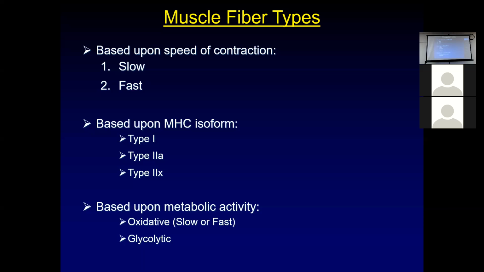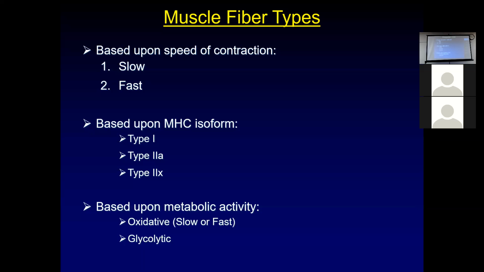So there is variation in the extent to which a fast twitch fiber is fast, if that makes sense, okay? Type 2X are the fastest human fiber types. Type 2A are not quite as fast, but they're still faster than slow twitch.